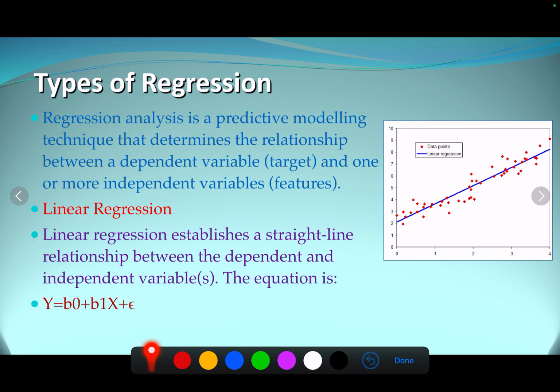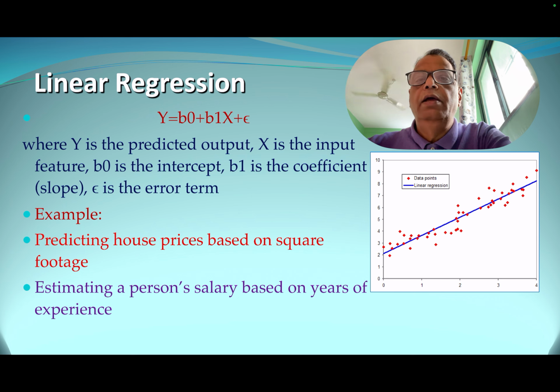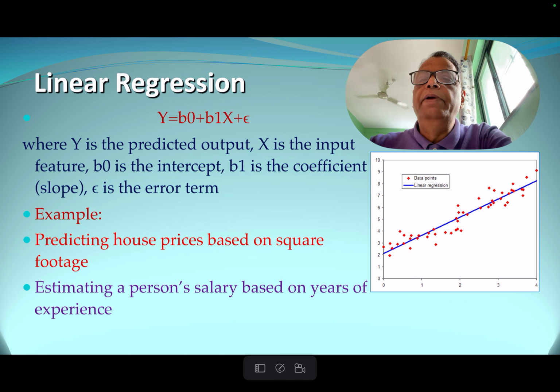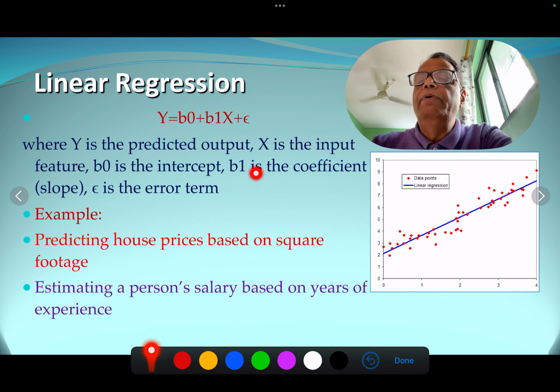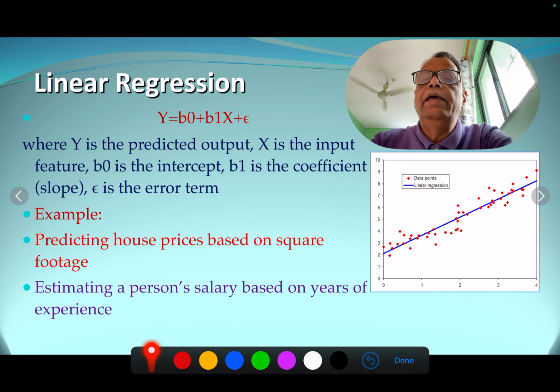So by writing such a relationship between the different variables, we can predict the value of y. Here y is the predicted output, x is the input feature, b0 is the intercept, b1 is the coefficient or slope of the line, and epsilon is nothing but the error term.